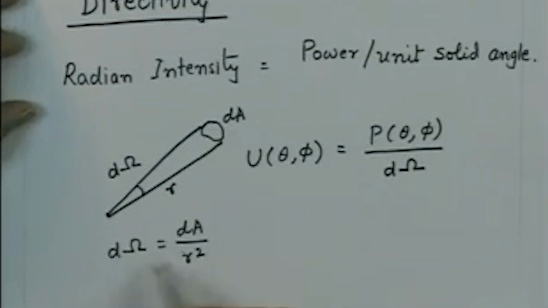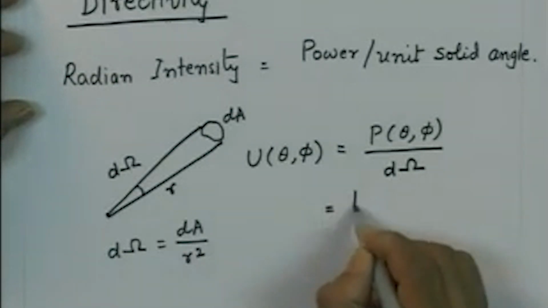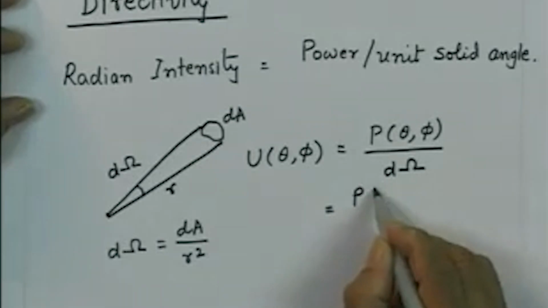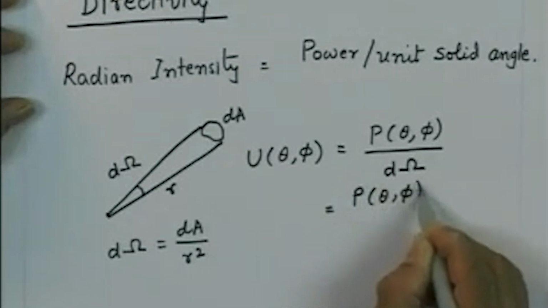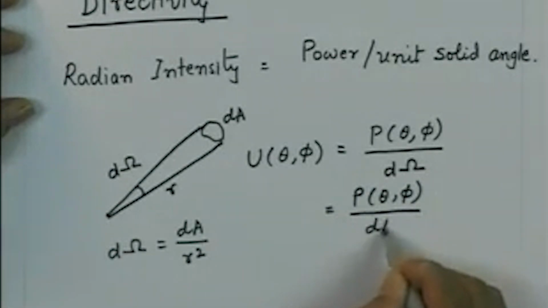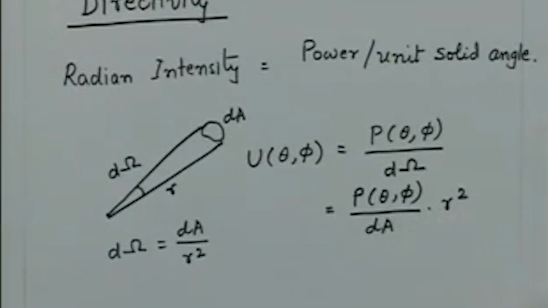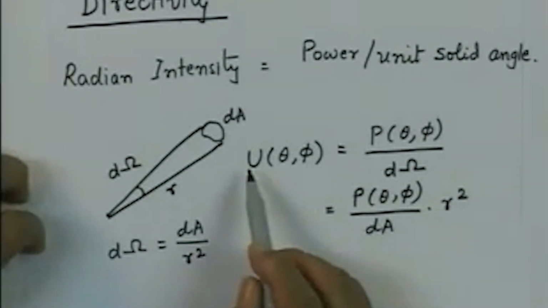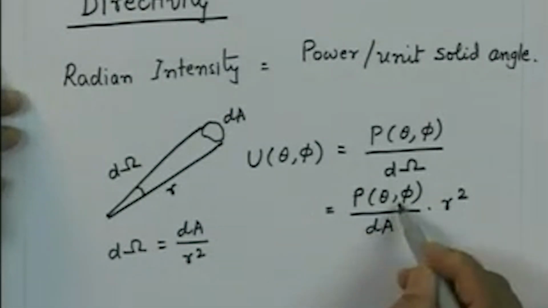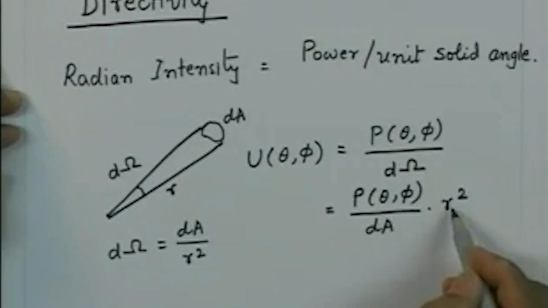I can substitute for d omega from here. So this will be the power in this cone along theta phi divided by dA into r square. But this quantity P theta phi upon dA is nothing but the Poynting vector, which gives you the power density. So the radiation intensity is the power density from the Poynting vector multiplied by r square.